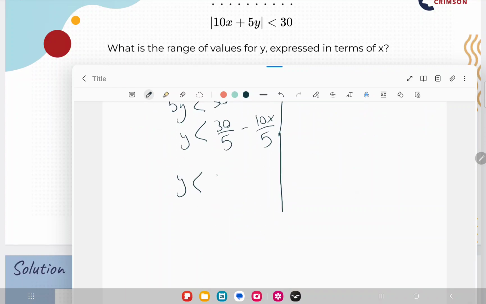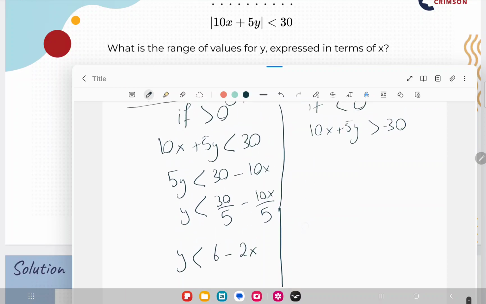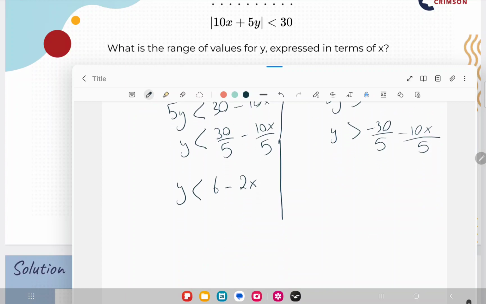So y is less than 6 minus 2x. I need to do this one as well: 5y is greater than minus 30 minus 10x. So y is greater than minus 30 over 5 minus 10x over 5.